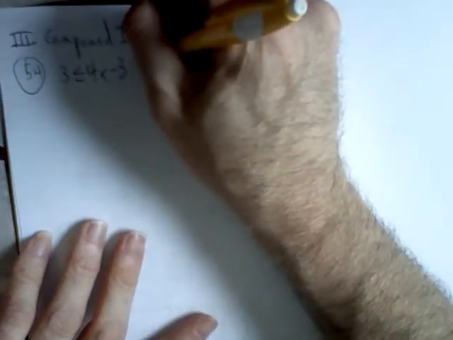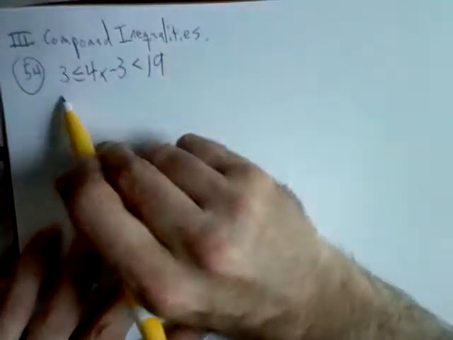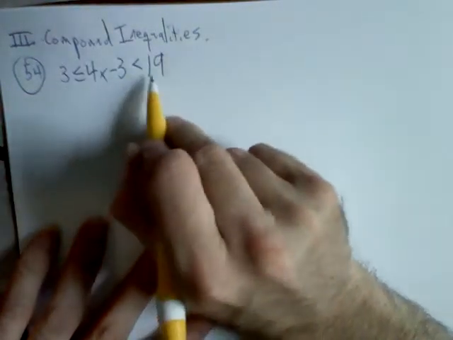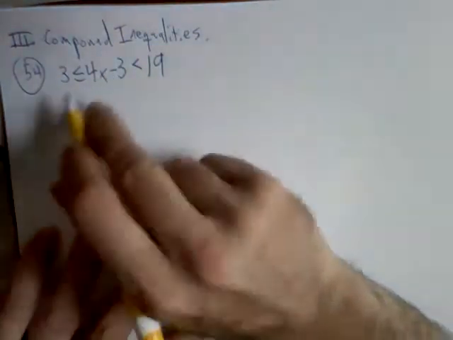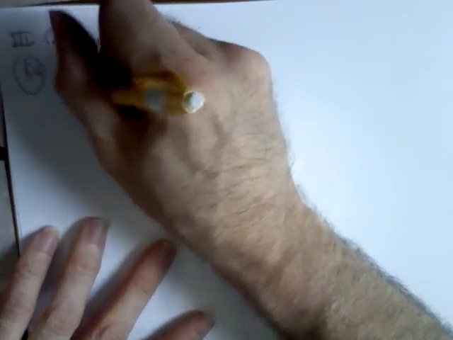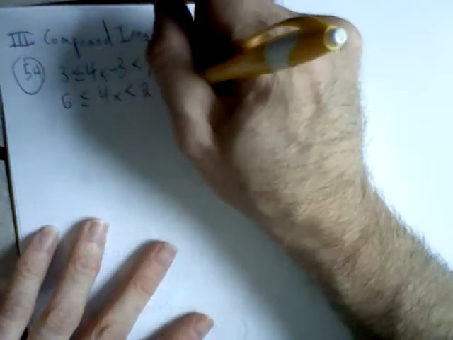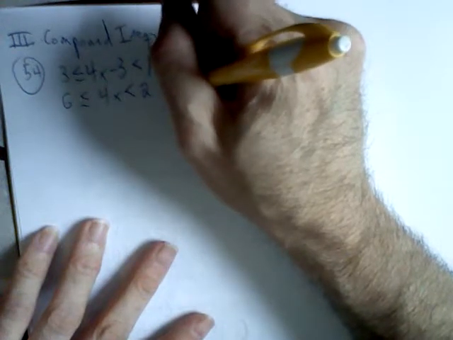We have 3 less than or equal to 4x minus 3 less than 19. So to work with this, you're just going to work with all 3 sides simultaneously. So if you add 3 to the middle, you have to add 3 to the other 2 sides. So it'll be 6 less than or equal to 4x less than 22.